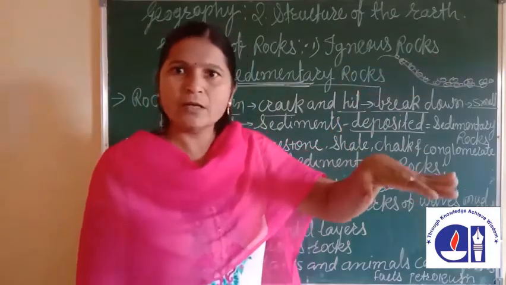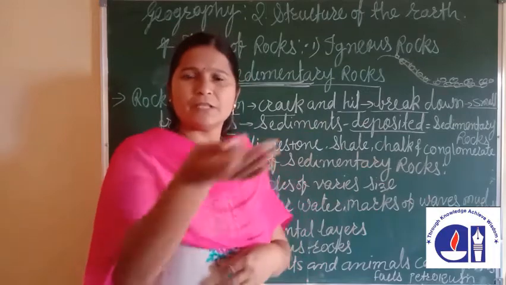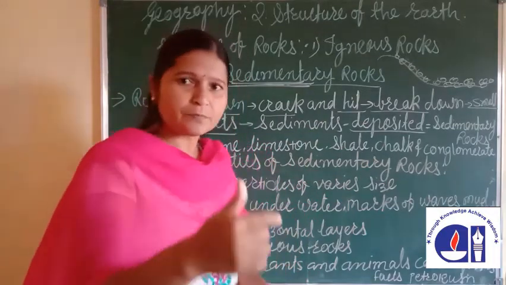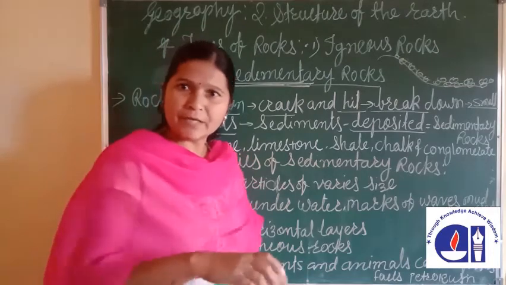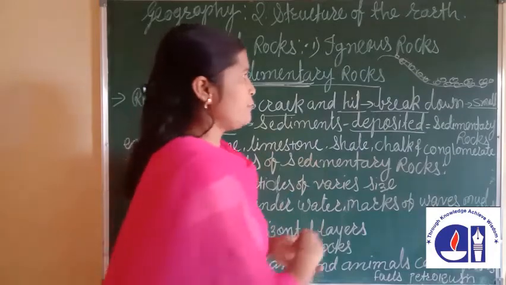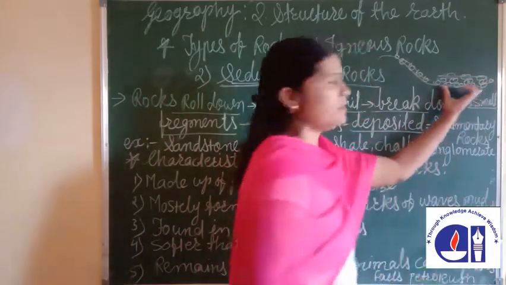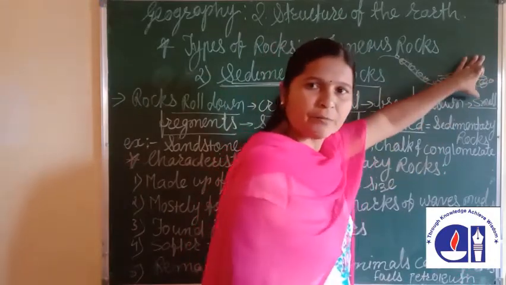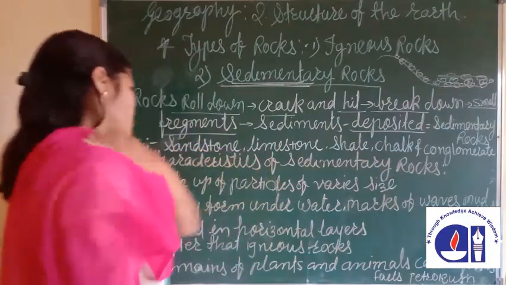On these low-lying areas with these fragments, with these sediments, some animals' and plants' remains can be mixed. They are also deposited and fixed with the layers. They remain with these fragments, and this type of rocks are known as sedimentary rocks.